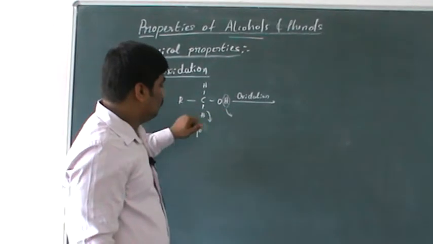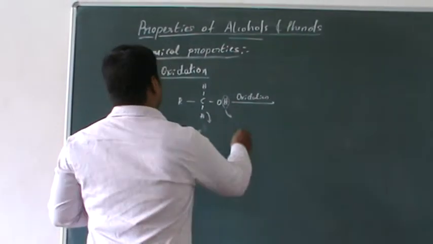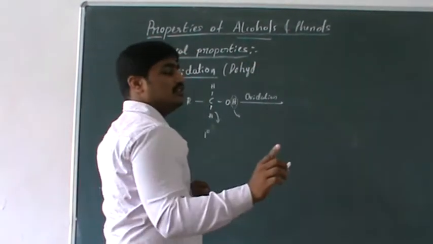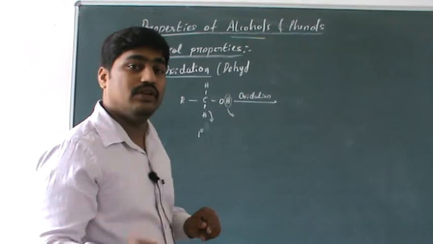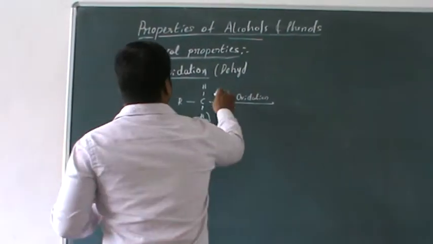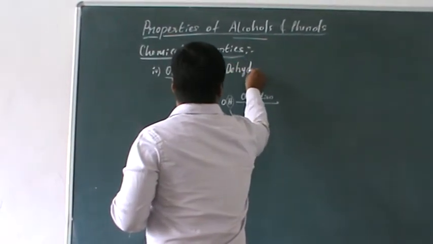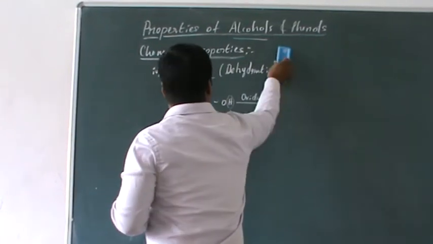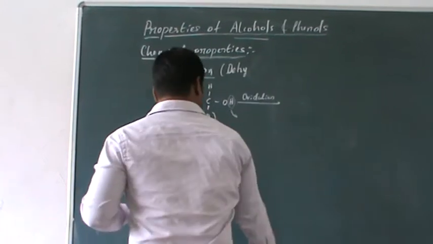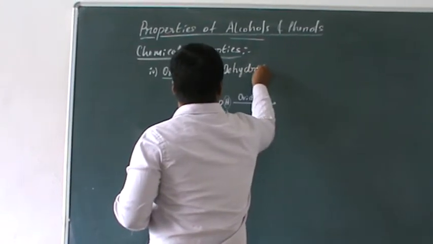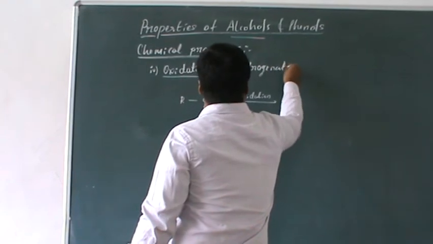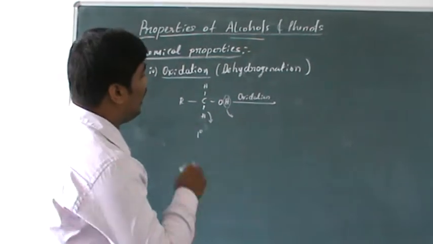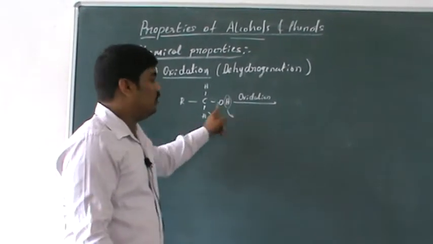Removal of H2, so it is known as dehydration? No, it is not removal of a water molecule, it is removal of hydrogen. Sorry, it is dehydrogenation, not dehydration. It is dehydrogenation because of removal of hydrogen.